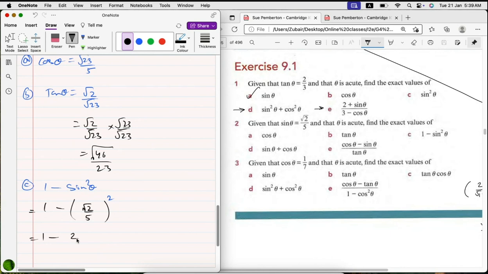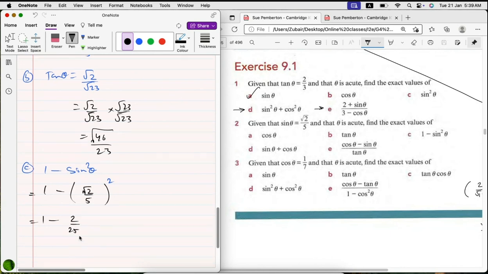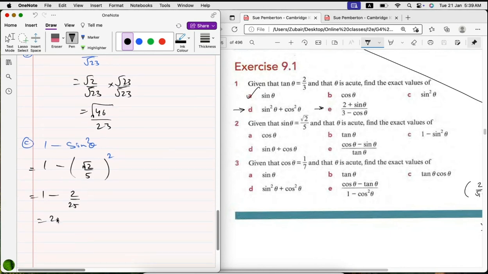So 1 minus 2 by 25, that is 25 by 25 minus 2 by 25, which is 23 by 25.